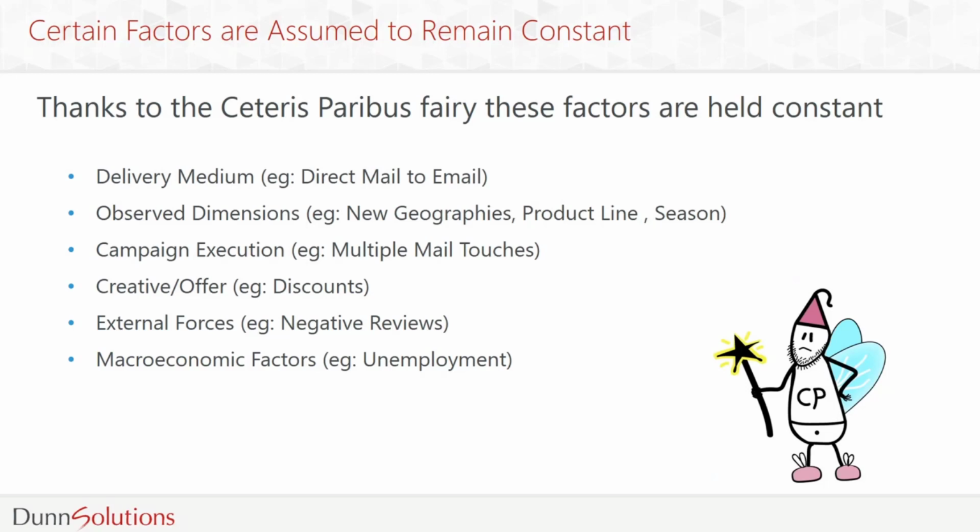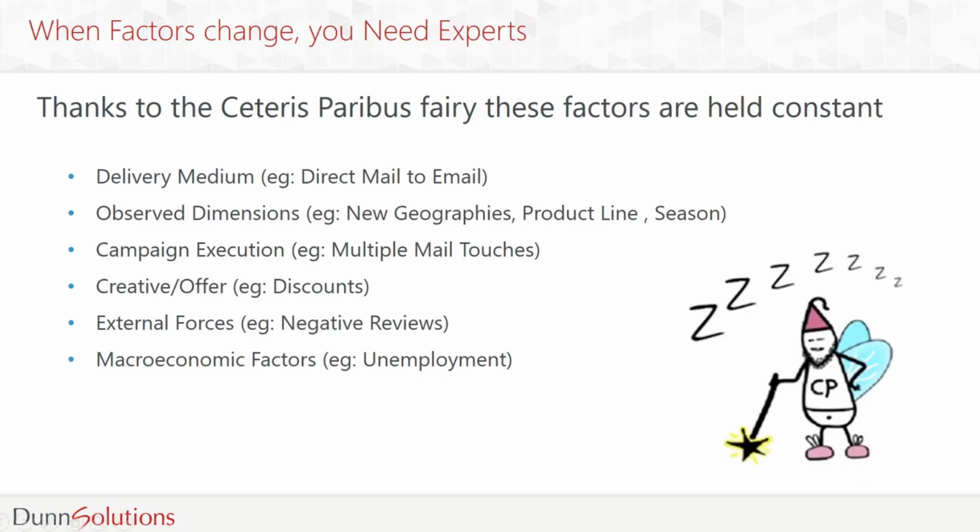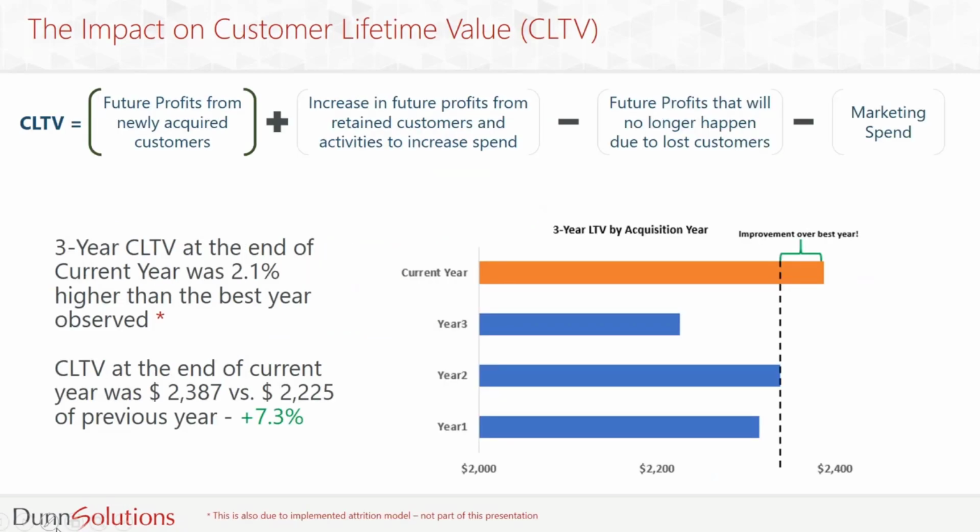Any changes in any of these factors can really affect the model predictions. And sometimes Paribus does not do a great job at keeping everything constant, and during those times, you really need to be working with experts that understand how any change in any of these factors mentioned above will impact your model predictions.